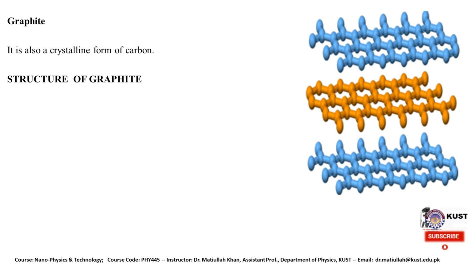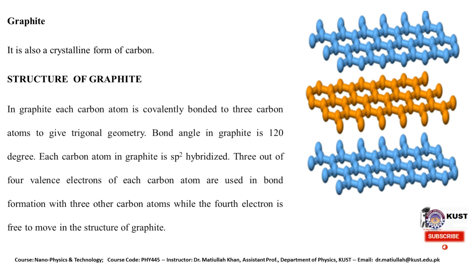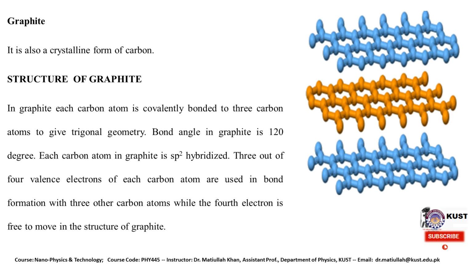So we can consider graphite, which is the crystalline form of carbon. In graphite, atoms are covalently bonded. A single carbon is covalently bonded to 3 carbon atoms, and it gives trigonal geometry.